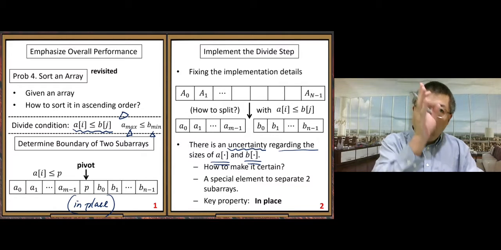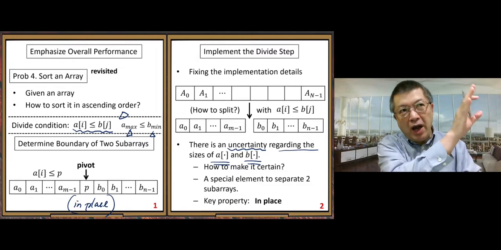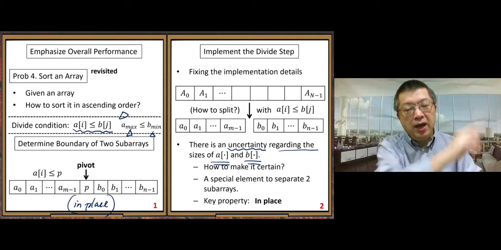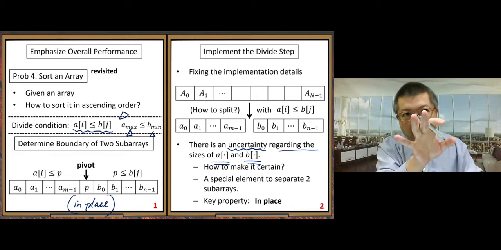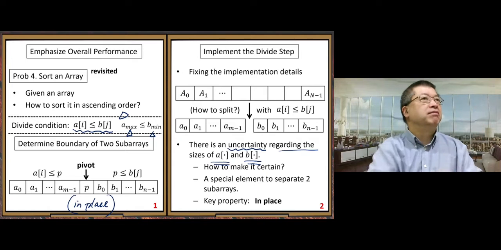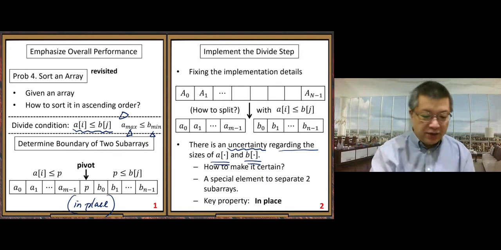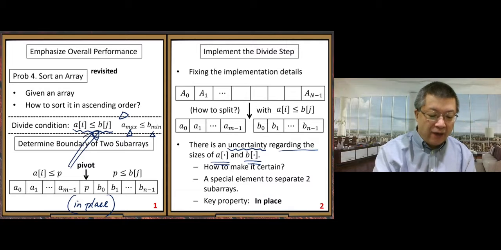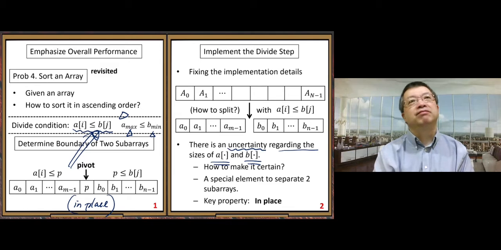But we know with respect to this pivot element, all elements in subarray A must be less than or equal to P, and all elements in B subarray must be greater than or equal to P. If we have this property, you can see we automatically have the required condition for our divide step.